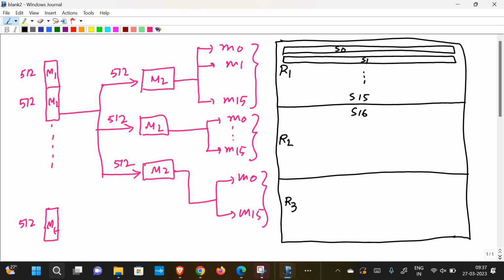This will be my S16. This round 16 will go to S31. This will be S32 and it will end at S47. So each of these, see, all of this starts from M2. One 512-bit block of data actually goes through these 3 rounds of permutations.